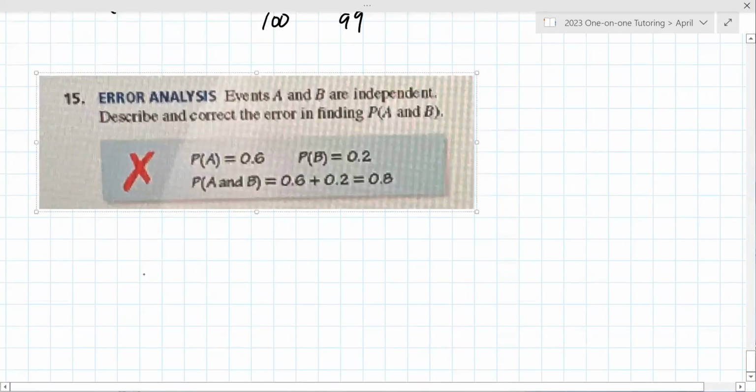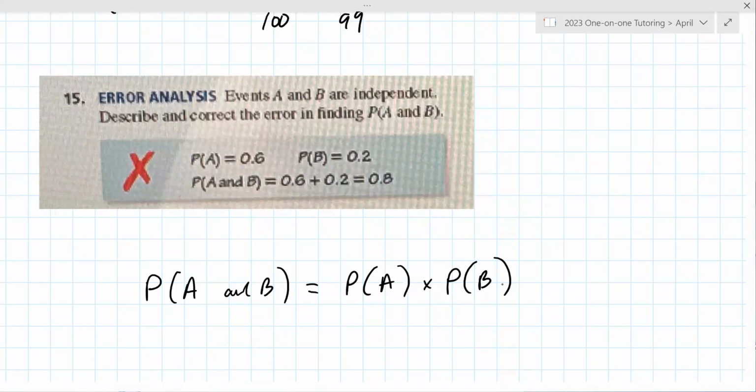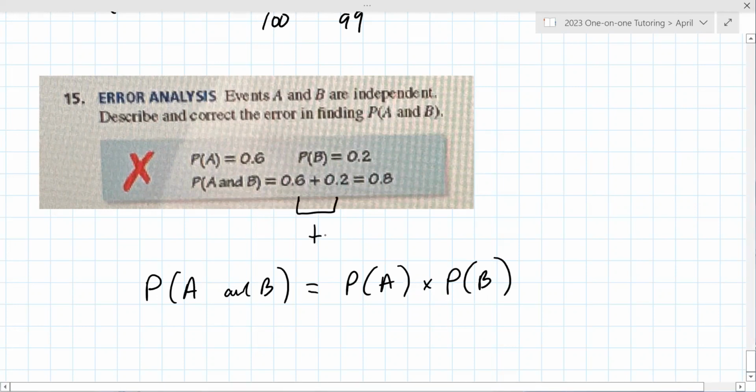All right. 15, error analysis problem. So we've done a few of these where it's asked for the probability of A and B. And if you haven't figured it out by now, it's the probability of A times the probability of B. Right. So the error here is that you're not multiplying. Like they just add here. They should be multiplying.